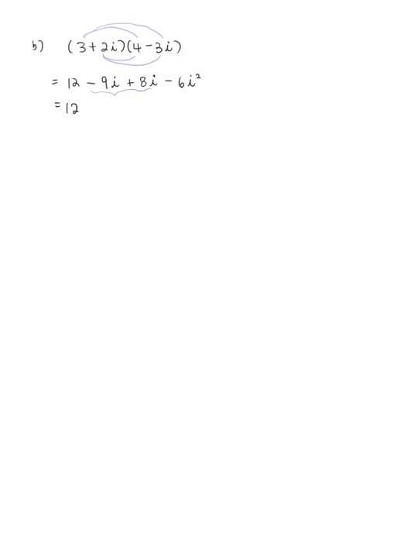So what we're going to get here is just a negative 1i. We'll just write it as negative i. And then minus 6 times i squared, which is negative 1. So here what we're going to get is 12 minus i and then plus 6. So now I'm going to combine the real parts together to get 18 and then minus i. So that's going to be our answer.